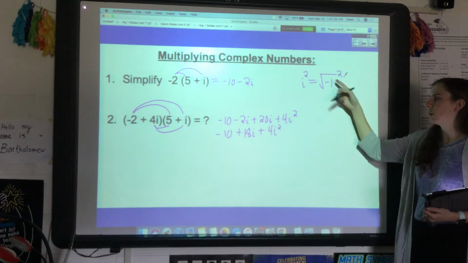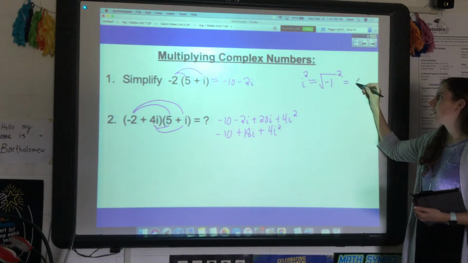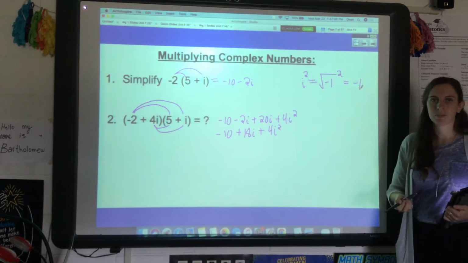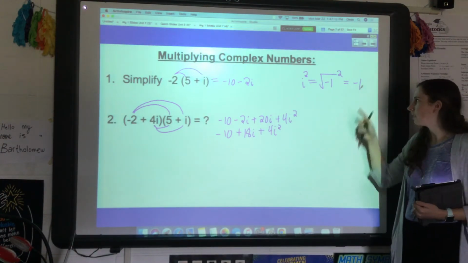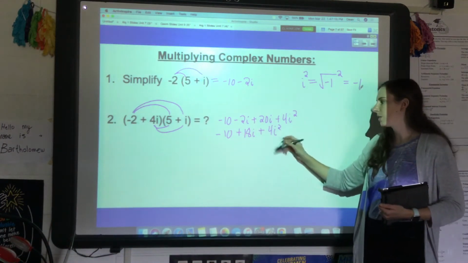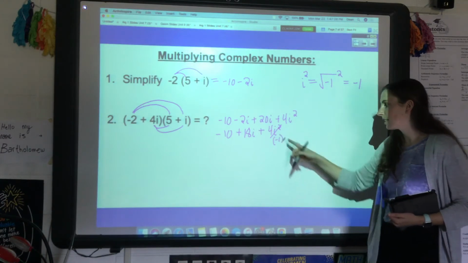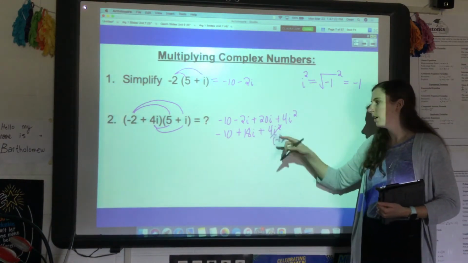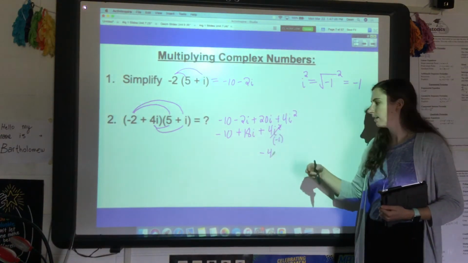Well, the square root and squared just cancel out, and I'm actually just left with -1. So anytime you have i squared, you can just replace it with -1 because that's what it is. So here, since I have an i squared, I'm going to ditch that and put in a -1. It's still being multiplied by the 4, which is going to make that be a -4. Don't add them, they're being multiplied.